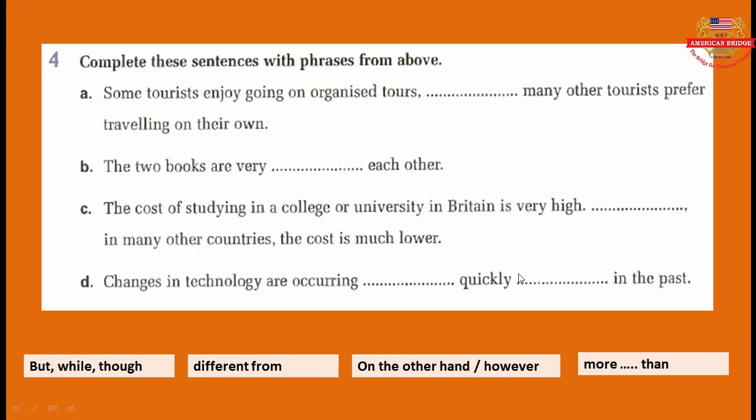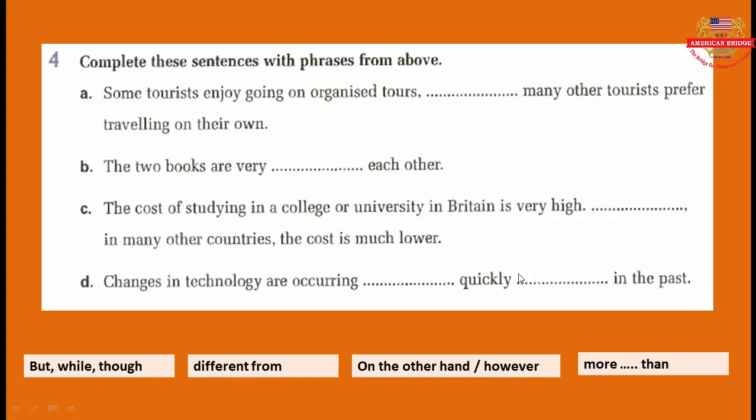Okay, and number three, or letter C, on the other hand, or you can use however, and the last one, more, and then. So the first one, example letter D: changes in technology are occurring more quickly than in the past.